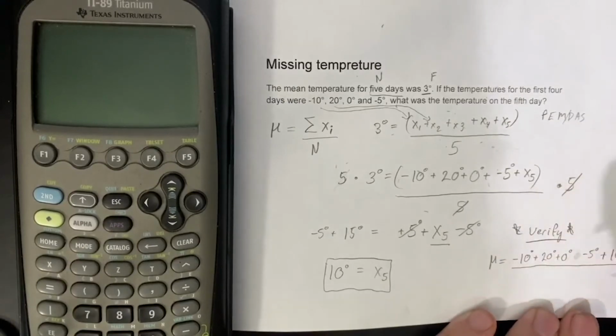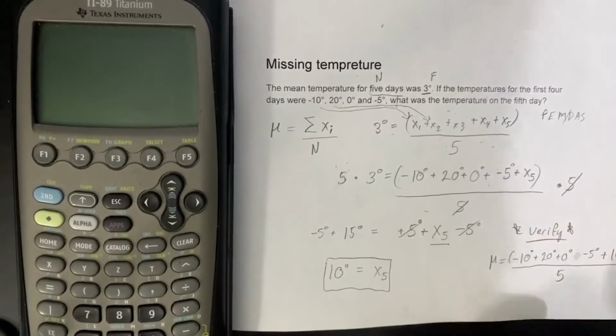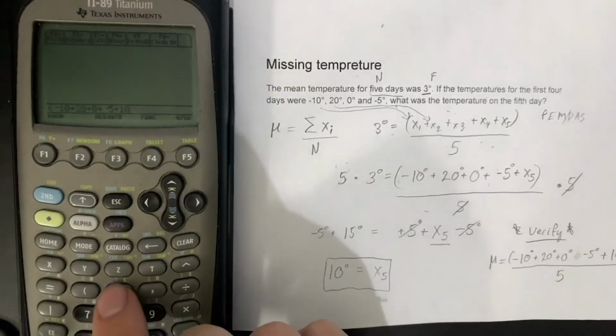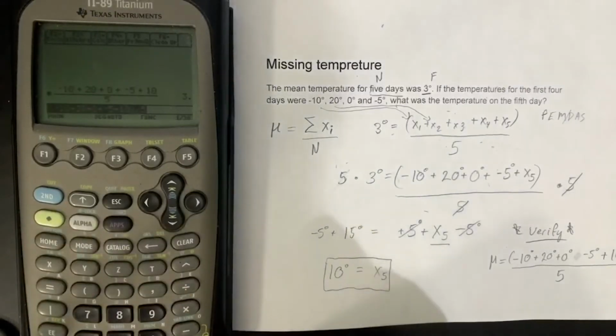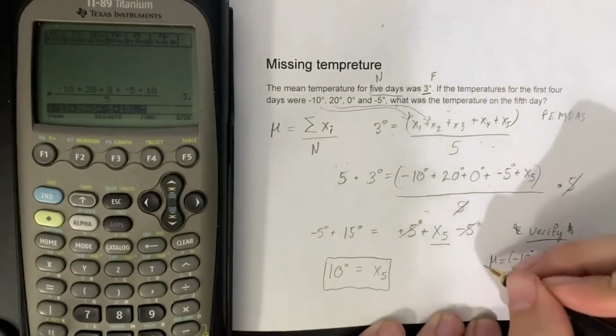We still have 5 data points. Include your parentheses to make sure that you don't make mistakes in the calculation. And we get 3 degrees.